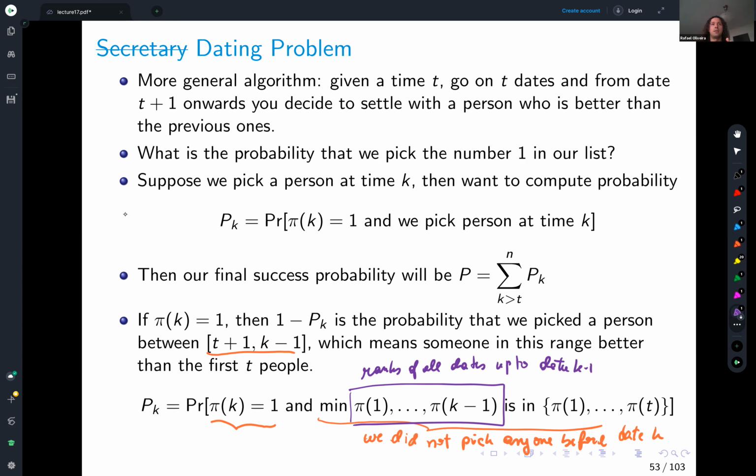Does that make sense? Because if the best person in the first k minus 1 dates is within the first t, I know I'm going to flat out reject this person and I'm not going to see anybody better until I see the best person. Does that make sense?